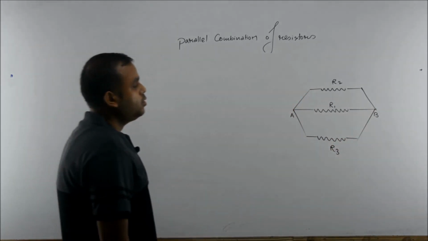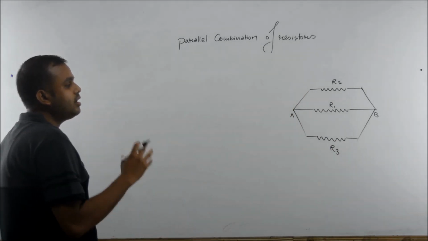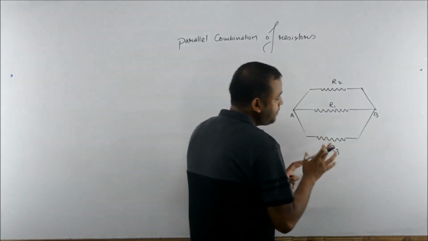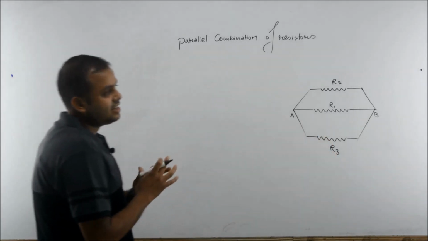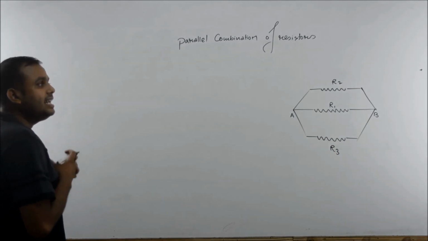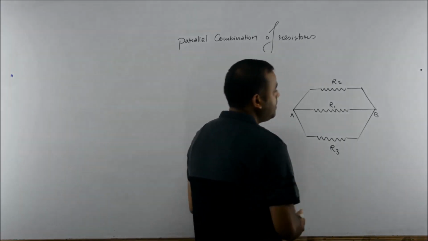What are the endpoints of R1, R2 and R3? Clearly you can see that their endpoints are common, that is A and B. So if resistances are connected in this way, then they are said to be connected in parallel.